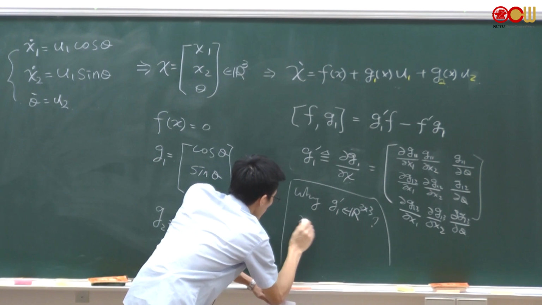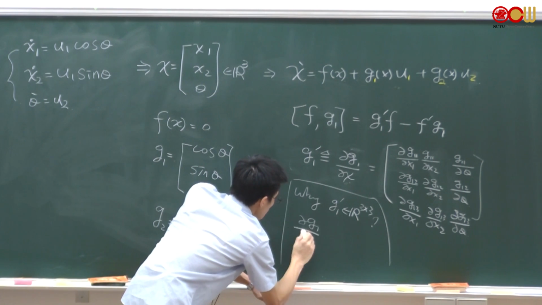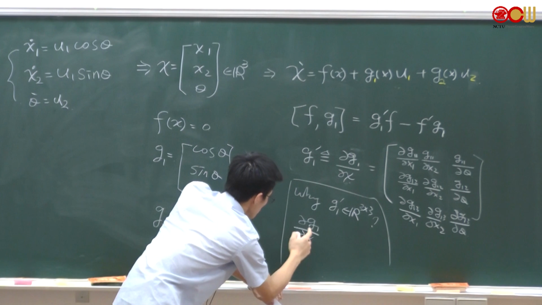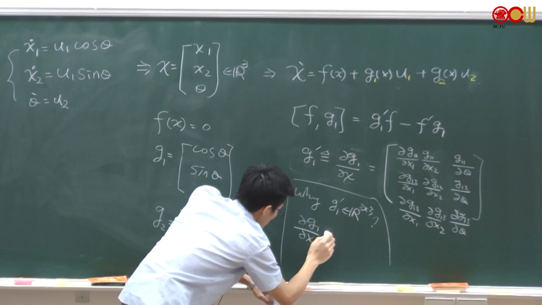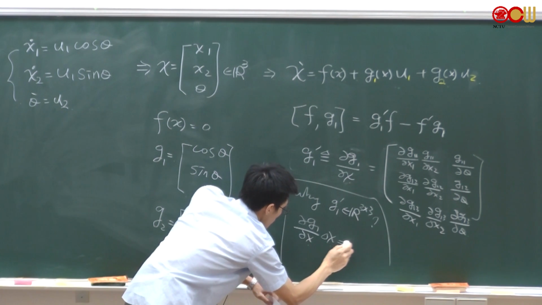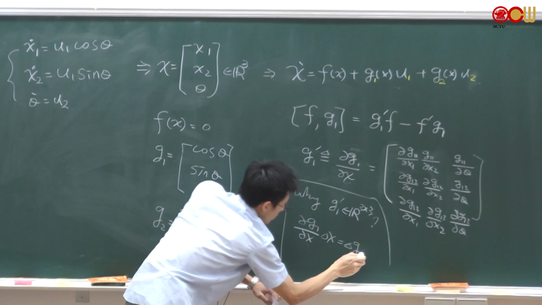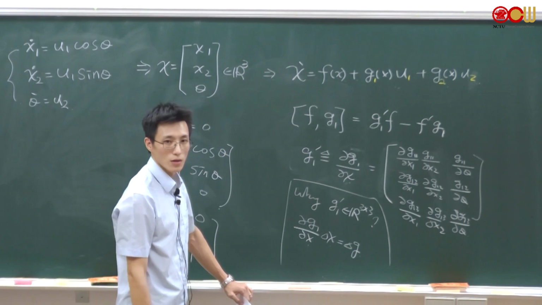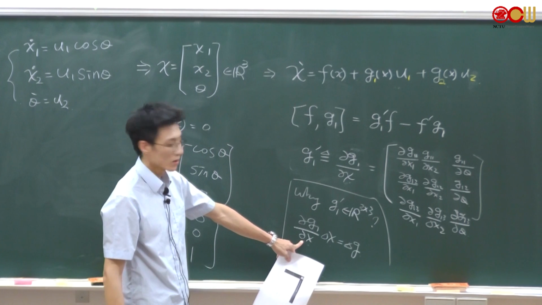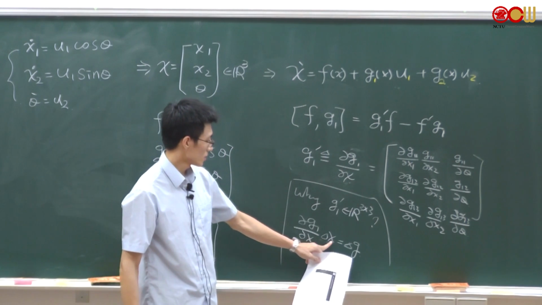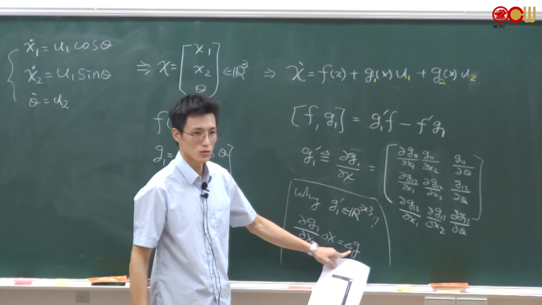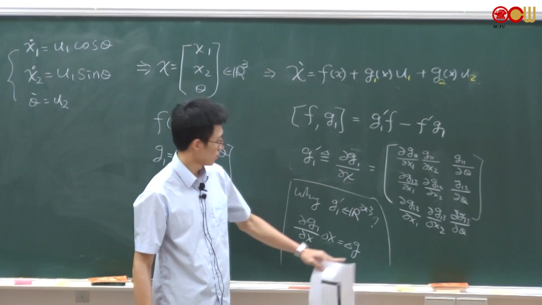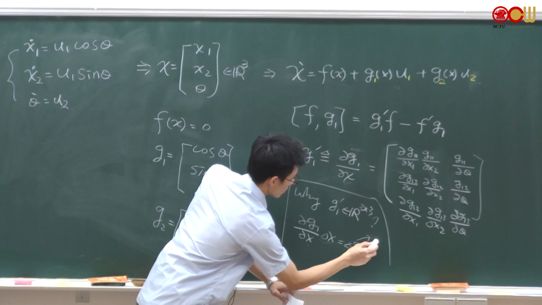As you know, the gradient of G1 with respect to X times delta X will be delta G. Gradient times some differential of X will be the differential of G, right? Agree?